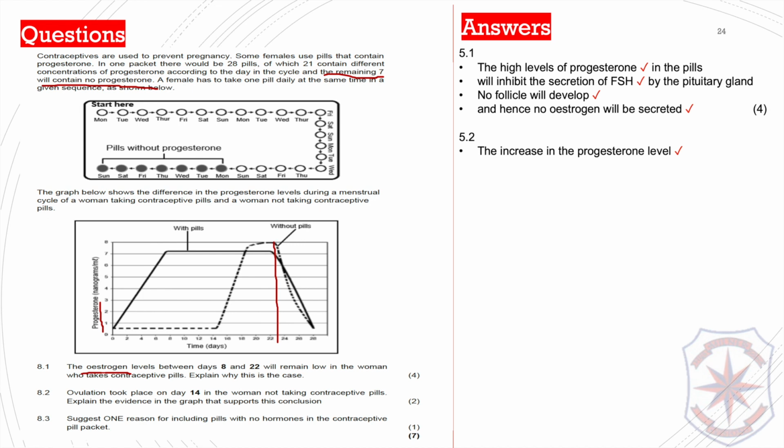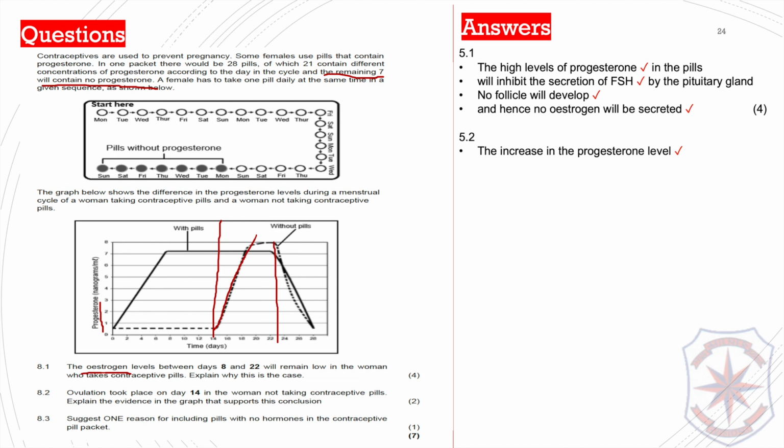Let's look at the question again. Ovulation took place on day 14. Oh, not pregnancy, ovulation. So ovulation takes place at day 14. Excuse me for my earlier mistake, one of the indicators that ovulation has taken place will be the rise in progesterone levels.